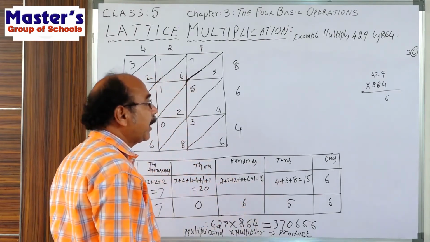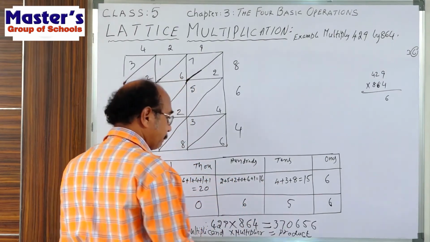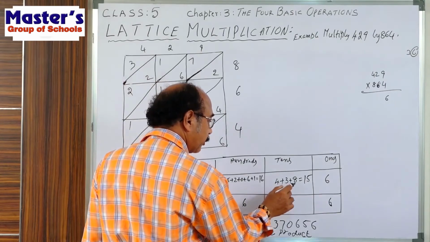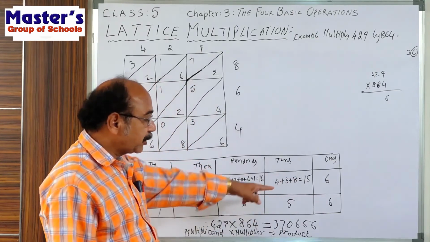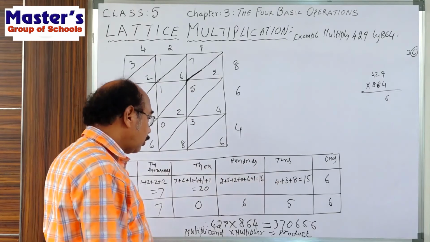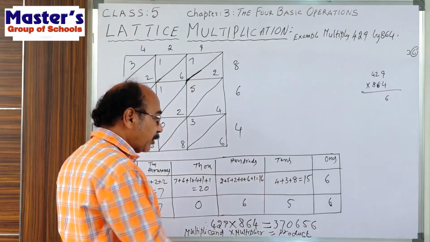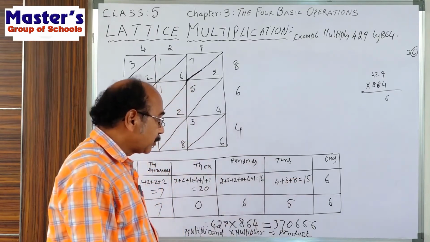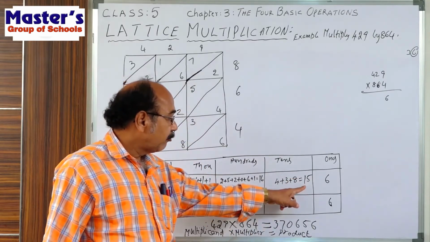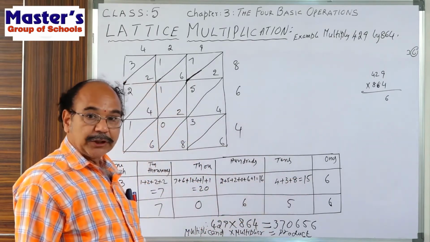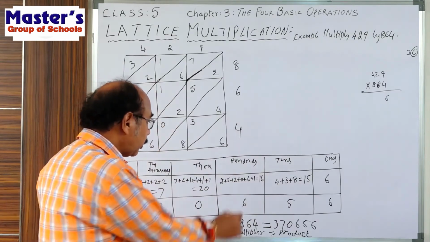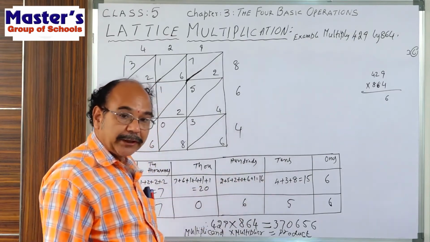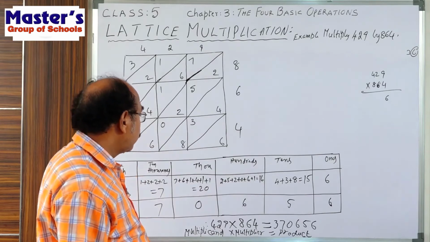Add 4, 3, 8. 4 plus 3 is 7. 7 plus 8 is 15. So we write 5 in the tens place. Here 1 is to be carried to the hundreds place.